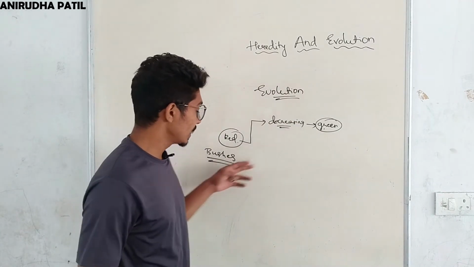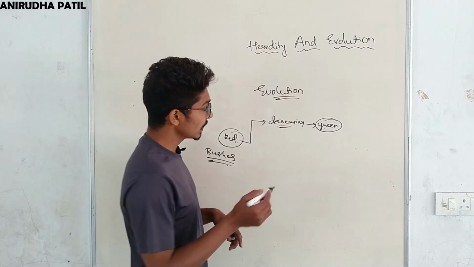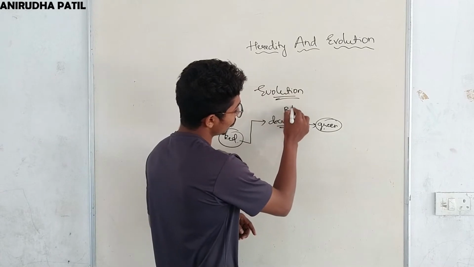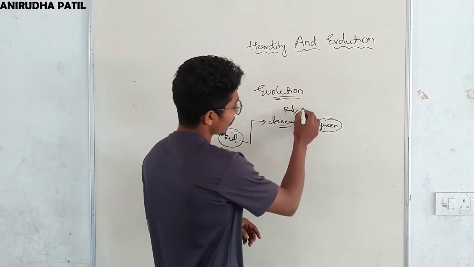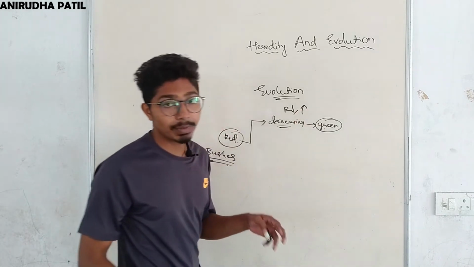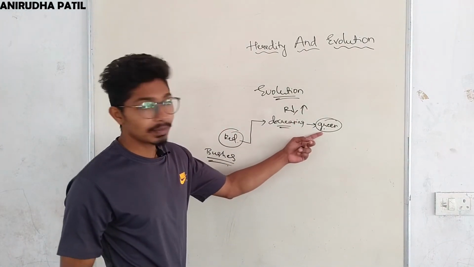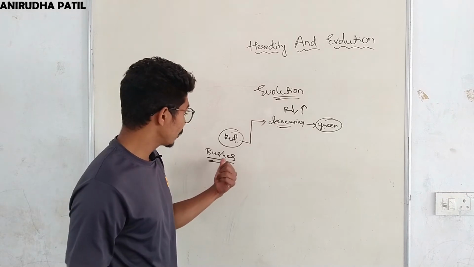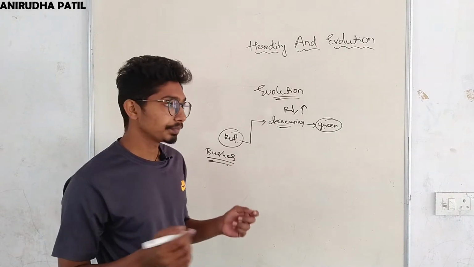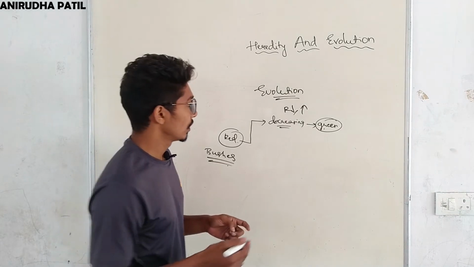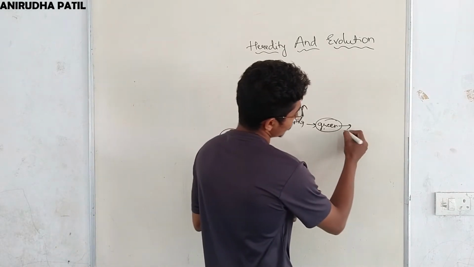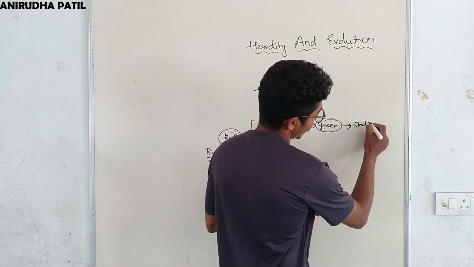The population of red goes on decreasing, but the green, which are in smaller quantity, go on increasing because the crow cannot see them, and they can survive in bushes by the process of adaptation or variation, and this gives stability to their population.